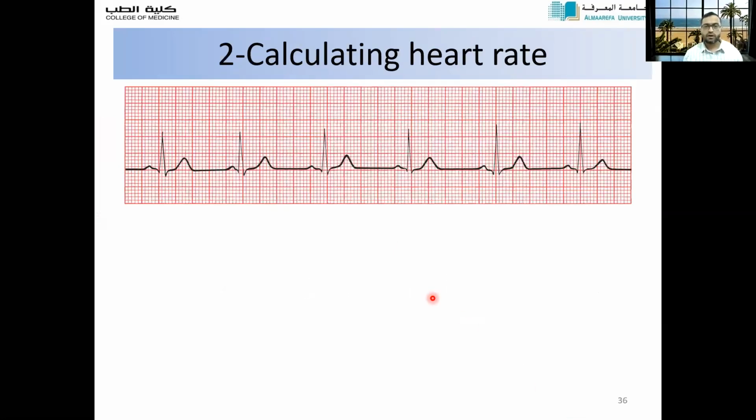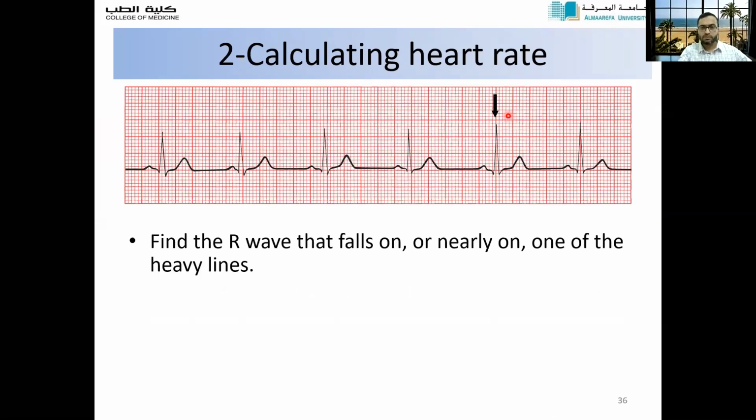So now we have seen that in our ECG paper, the sample I have shown was regular. So we can go for the next step, calculating the heart rate. And it becomes easy for us, as in the previous step it was regular. So what you have to do here is just mark one R wave on the ECG paper which falls on the darker line.